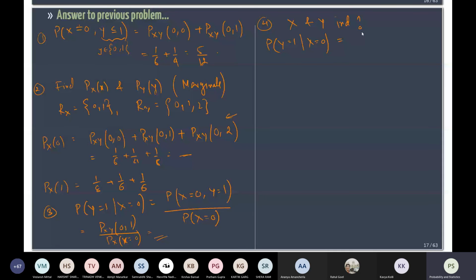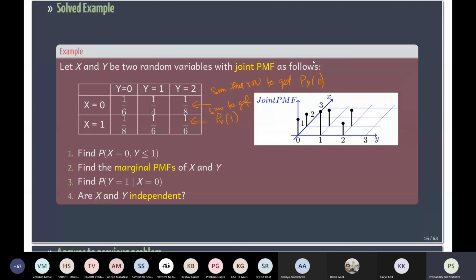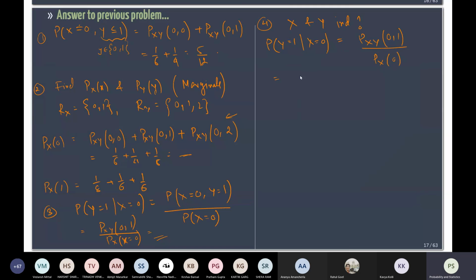The probability that y is 1 given x equals 0 is p_xy(0, 1) divided by the probability that x is 0. Here p_xy(0, 1) is 1/4, and p_X(0) is 1/6 plus 1/4 plus 1/8. Is this equal to the probability that y is equal to 1? So check this.